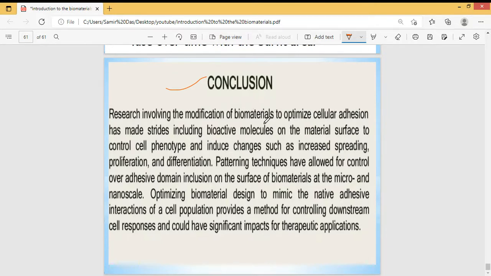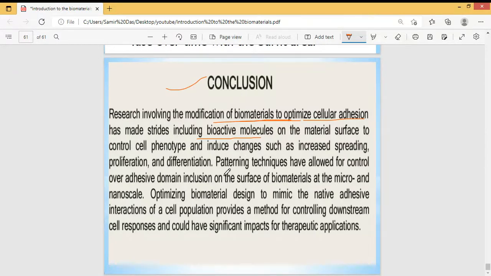Biomaterials can be optimized, but research is also needed to modify biomaterials to optimize cellular adhesion and increase bioactivity, so that bioresorption will take place after implantation. This should be kept in mind.